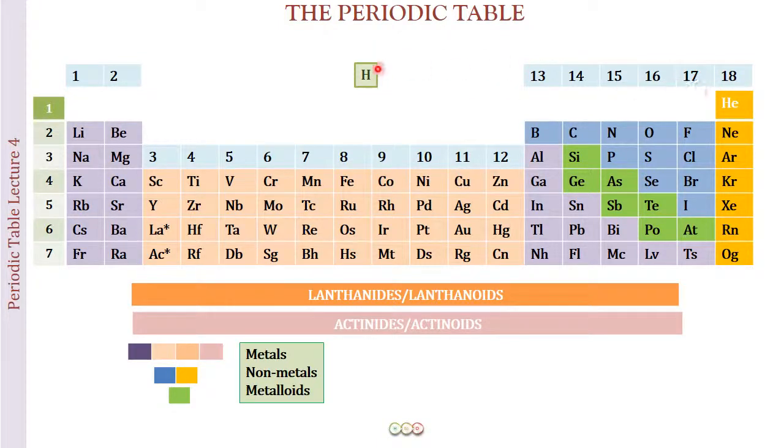Hydrogen has been placed in the center of the periodic table because it has properties similar to group 1 and group 17. How is it so? We will be discussing in detail when we discuss the course on hydrogen itself. But you can remember that it has properties similar to group 1 and group 17, and to avoid the controversy of where to place it, it has been placed in the center.